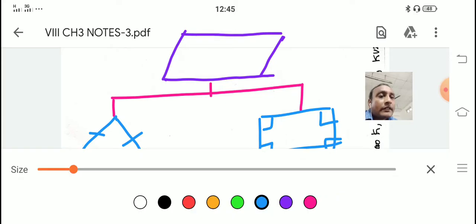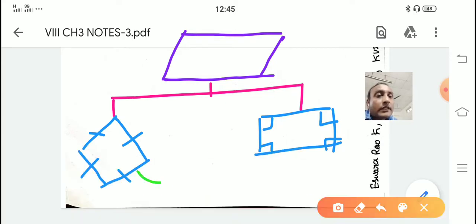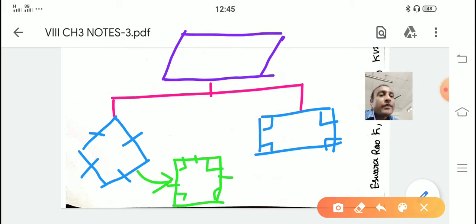And then a rhombus is a square when all angles are equal, because in the rhombus all sides are equal anyway. I am taking the 90, 90, 90 angles from the rectangle property. In the same way, I can define a rectangle as a square when all sides are equal.